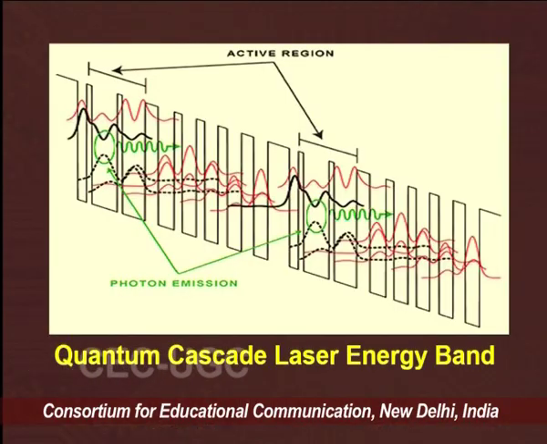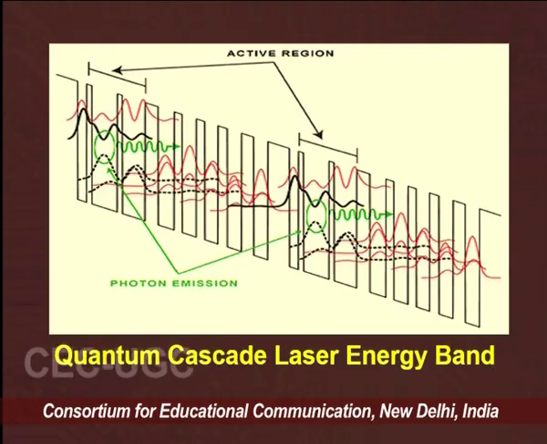So, now through a diagram we will illustrate the QCL operation. You can see there are various quantum wells, and we are defining two regions: one is the active region, the second is the photon emission region. In the active region there is an upper level and a lower level where the transition takes place, and the population is transferred to the other level.